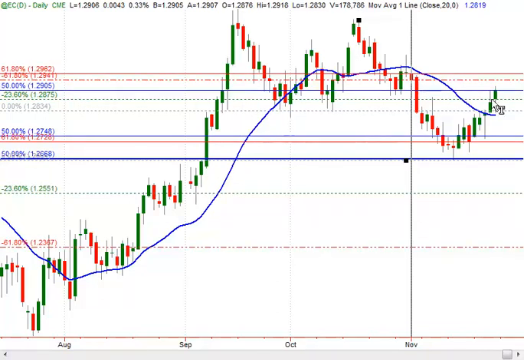As you can see, we had a first reaction lower in the 129 area, and as you can see from the bar, we actually had this move lower, and price corrected even lower than that. After that, we had the continuation higher.